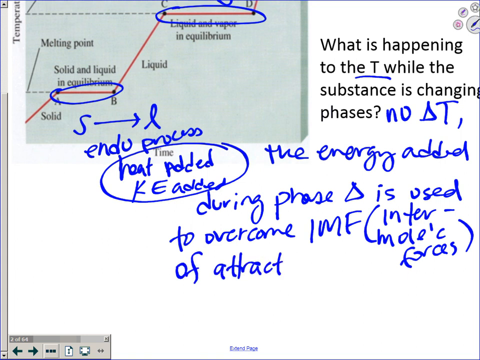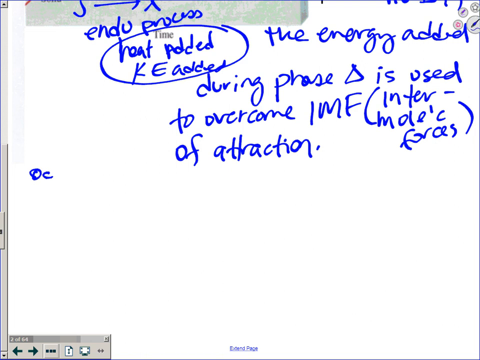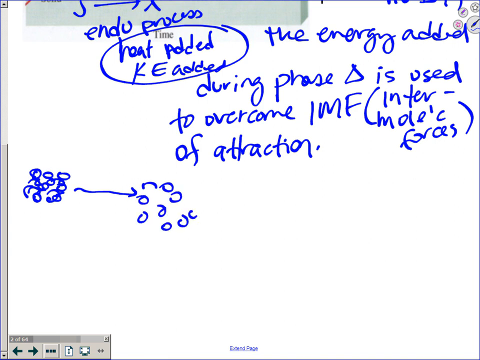And so as we take the solid and overcome its intermolecular forces of attraction, our solid, which is really tightly packed together, can then change to this. So I've changed it to what? You can maybe tell from my picture here. Liquid, right?